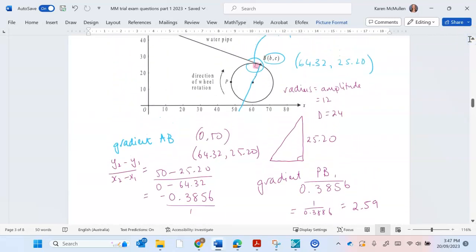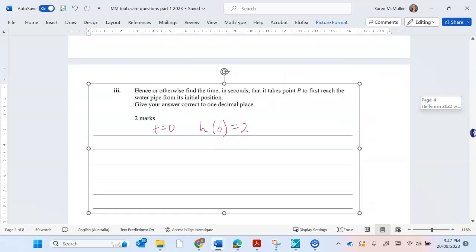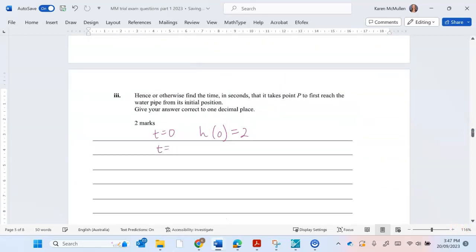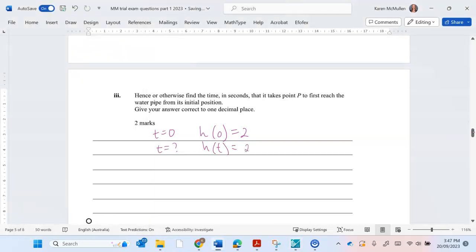I'm just making sure that's right. Yeah. Feel like there's more working out to do from here.